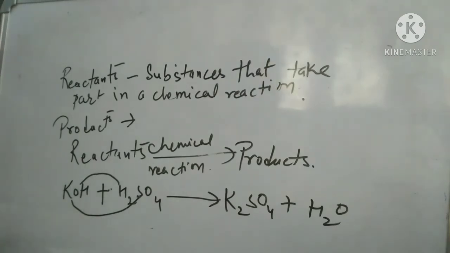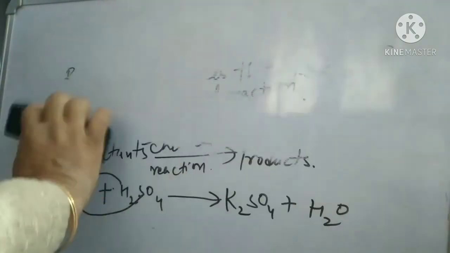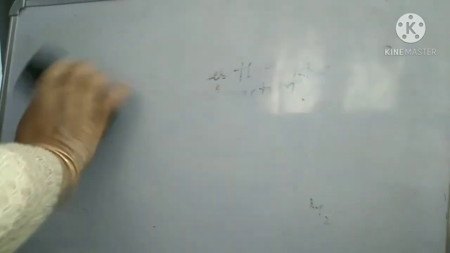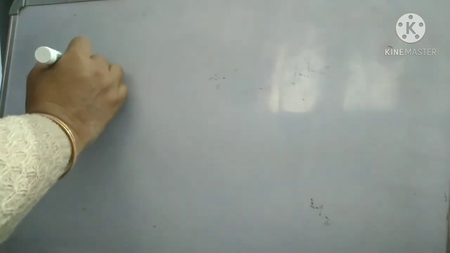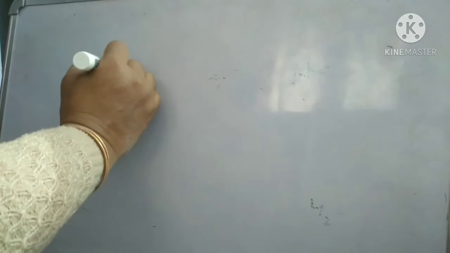Now, what are the characteristics of a chemical reaction? There are many characteristics of a chemical reaction. How can we say that a chemical reaction is taking place? So, the first one is evolution of gas.